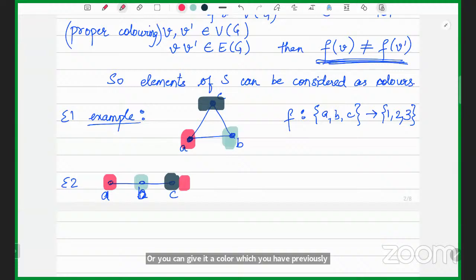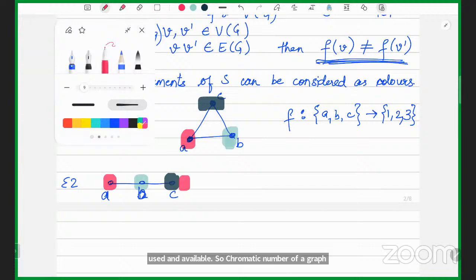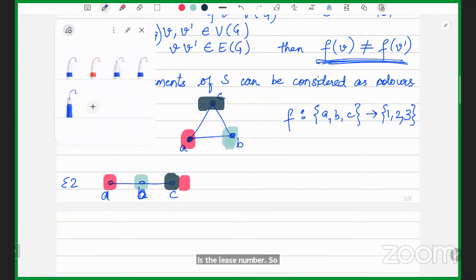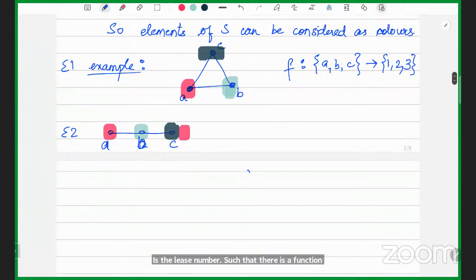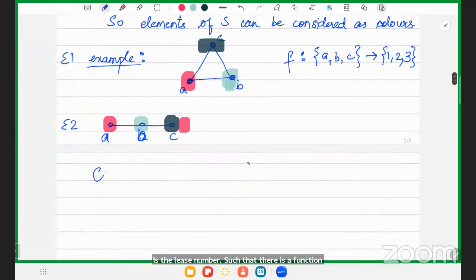So the chromatic number of a graph is the least number such that there is a function defined from the vertex set to that number.